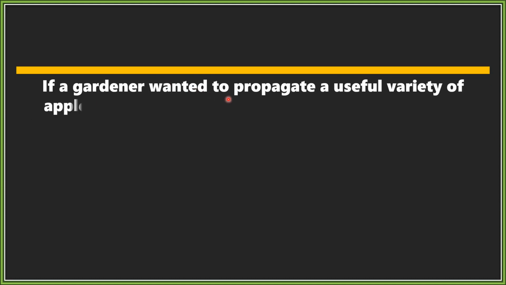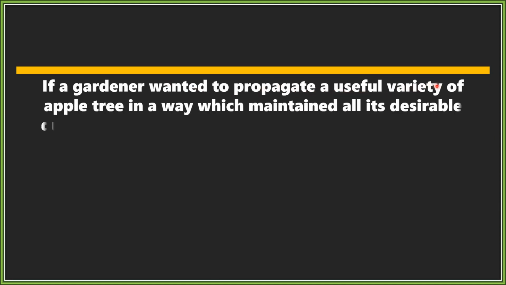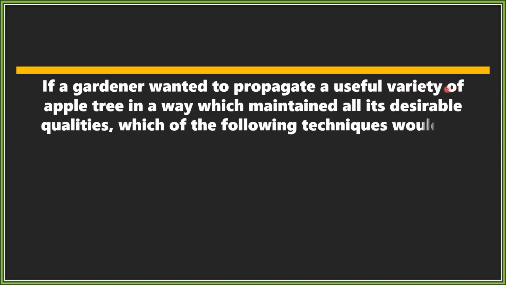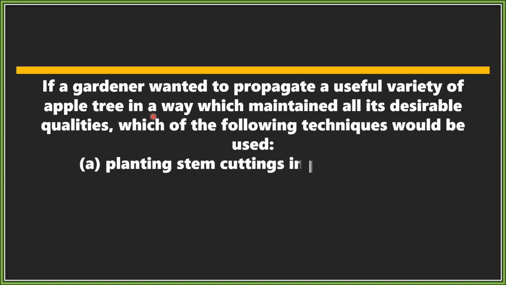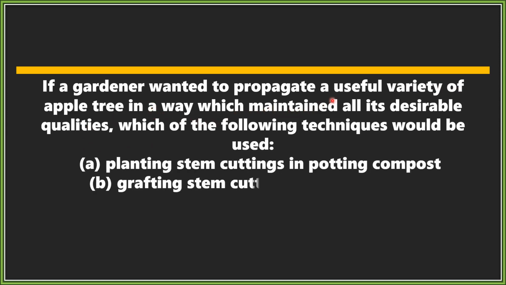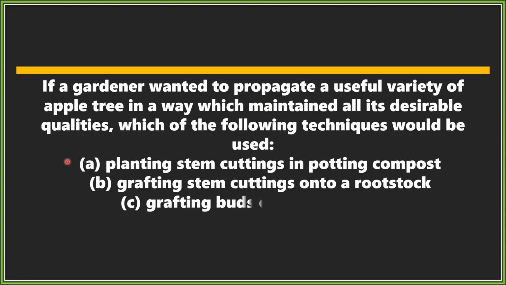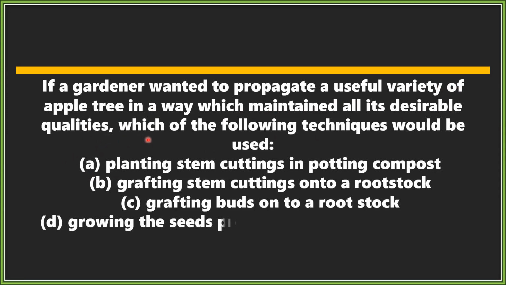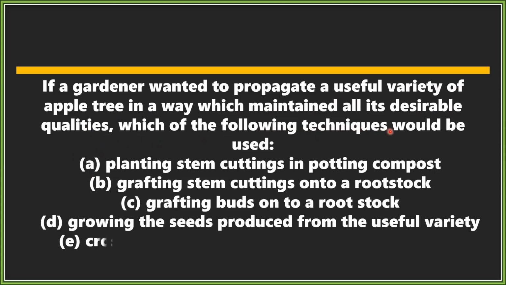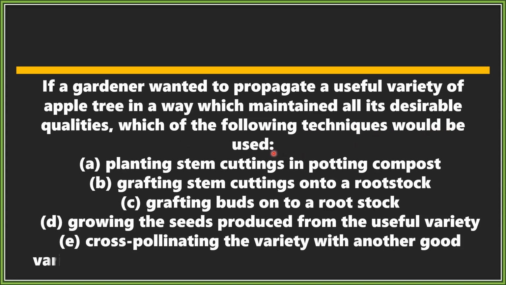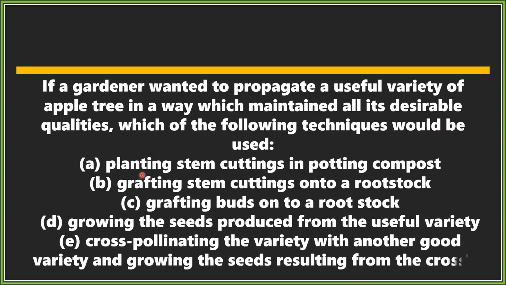If a gardener wanted to propagate a useful variety of apple tree in a way which maintained all its desirable qualities, which of the following techniques would be used? A. Planting stem cuttings in potting compost.